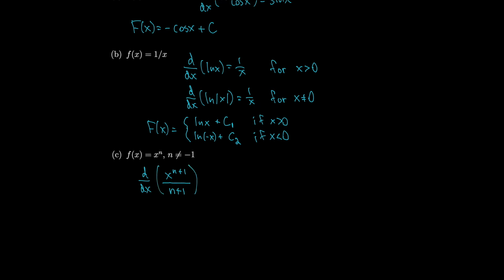Now notice, if I take the derivative of this, n plus 1 hops out, cancels with n plus 1 on the bottom, and then the power goes down by 1. So that's perfect. This derivative is equal to n plus 1 times x to the n over n plus 1, which cancels and leaves us x to the n. So that's our most general antiderivative.